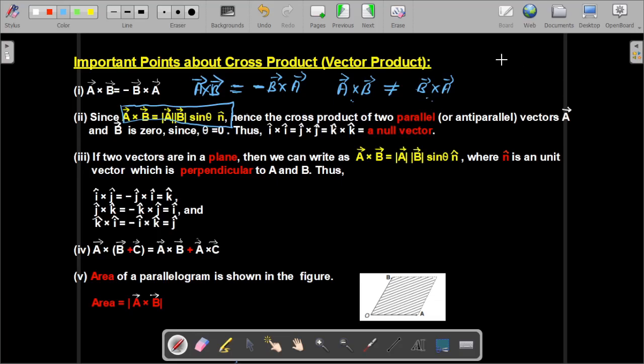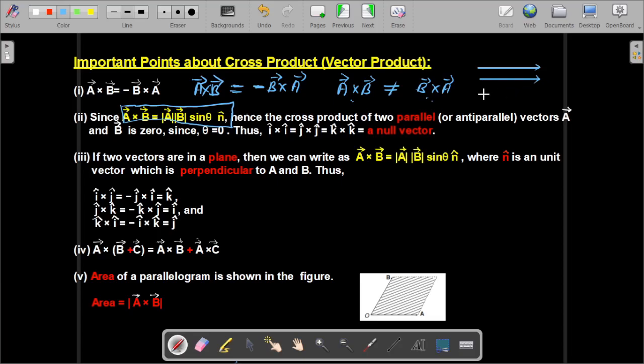What are parallel vectors? Suppose they are in this way, in the same direction, then they are called parallel vectors.